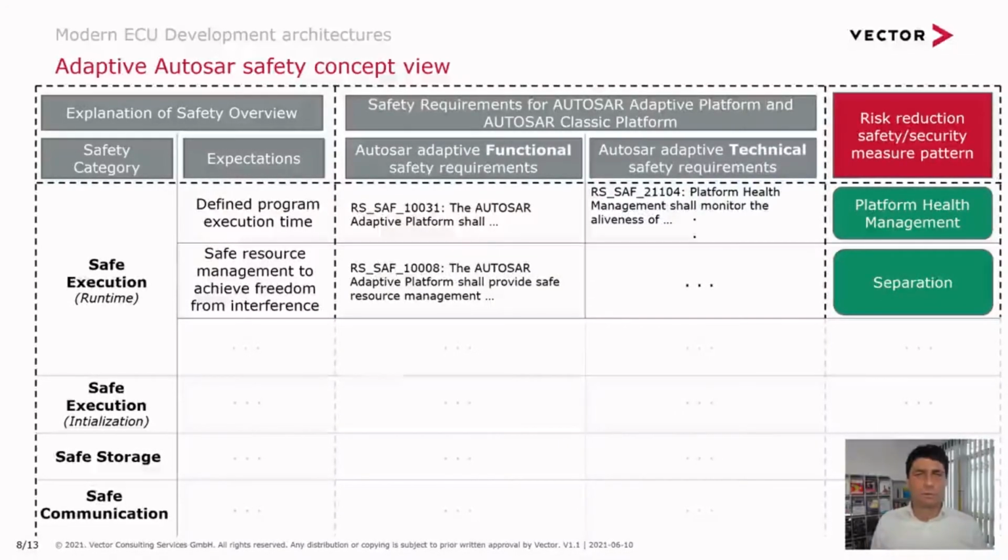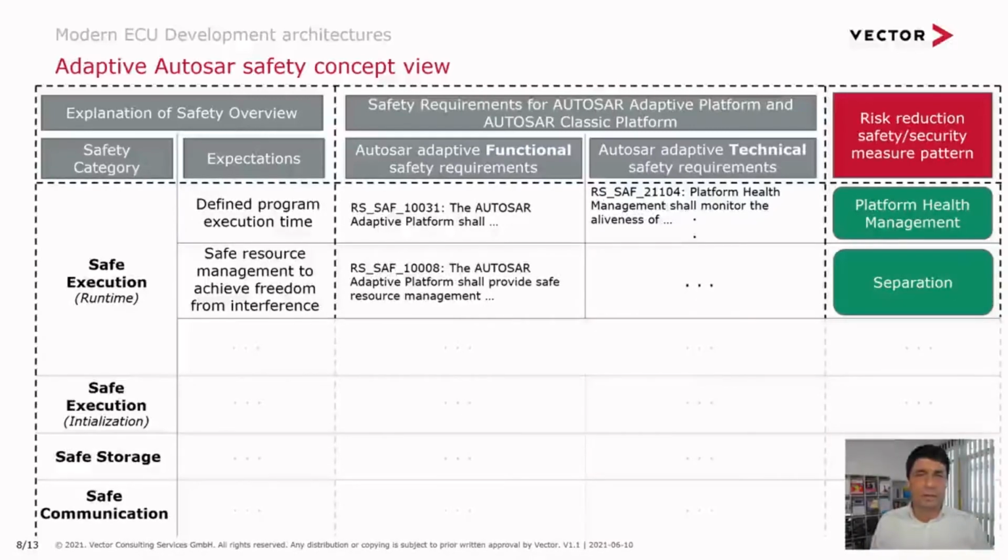Then we have the corresponding expectations, which give a little more detail on those categories. Next are the functional safety requirements and the corresponding technical safety requirements provided by Adaptive Autosar. We have taken those and synthesized or derived this meta level of technical implementation. At that moment, we were able to extract 7 patterns.